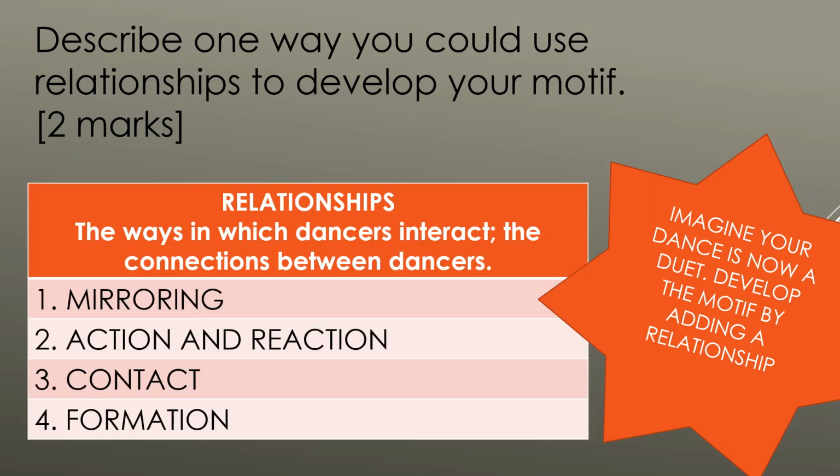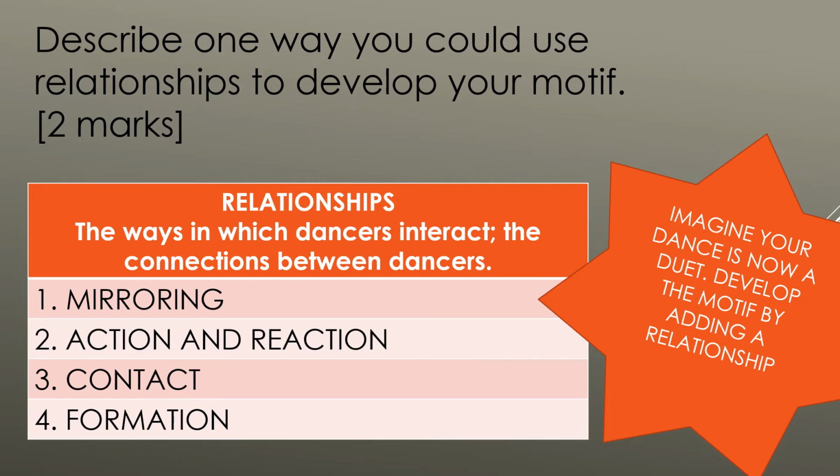So let's look at some of the relationships I have chosen. So first of all, relationships are the ways in which dancers interact, the connection between the dancers. So of course, this cannot be, like I said, a solo or a single dancer, because it's the way the dancers interact. So there must be more than one.